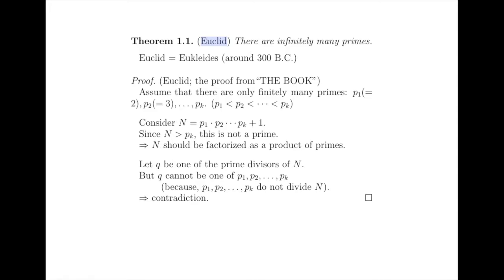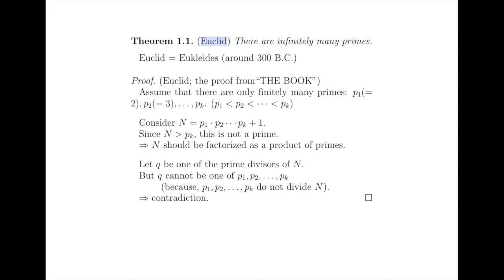So we can observe the proof. Assume that there are only finitely many primes, P1, P2, and so on, up to Pk. Then we consider the number capital N, which is the product of P1, P2, up to Pk, plus 1.